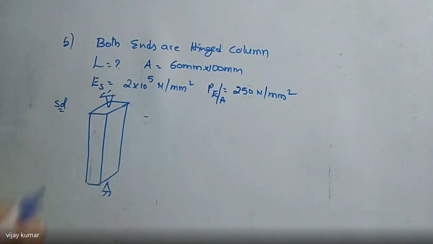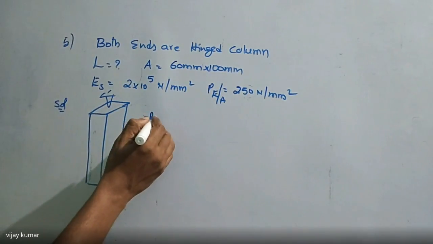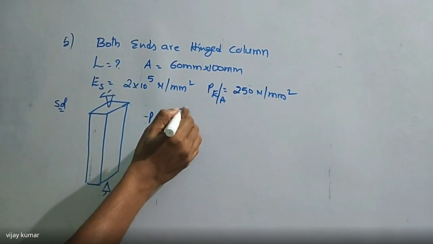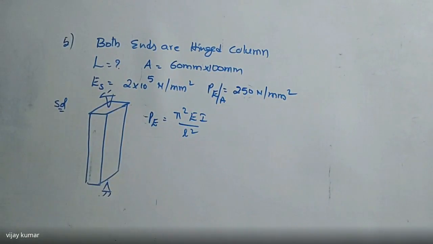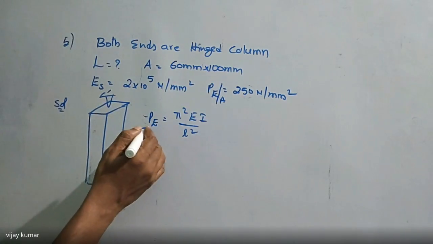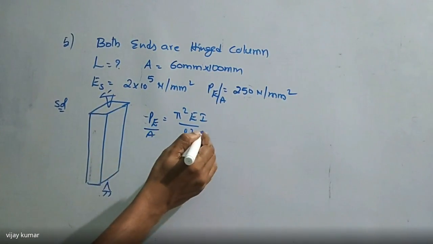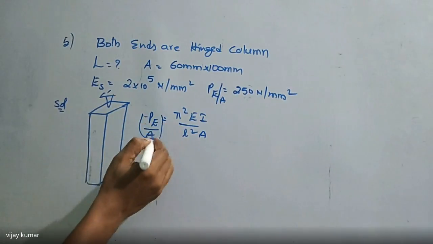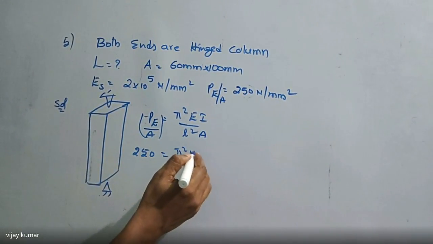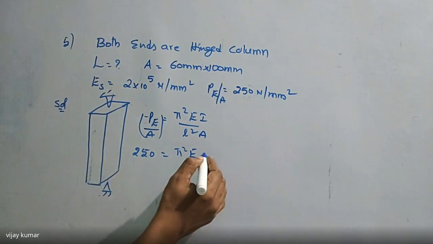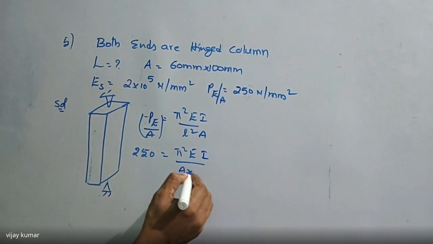So here I am writing, first of all, according to Euler's critical load, both ends are hinged, P is equal to pi square into E into I divided by L square. If we divide both sides by area, then I'm writing here 250 is equal to pi square into E into I divided by area into L square.